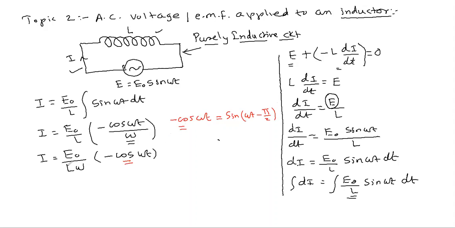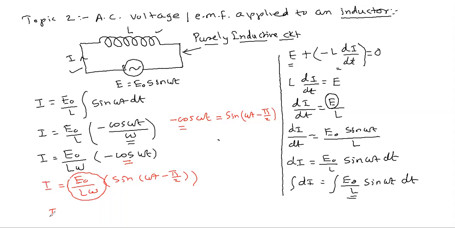So I can write I is equal to E naught upon L omega, then sine of omega t minus pi by 2. This total value E naught upon L omega is the peak value of the current.